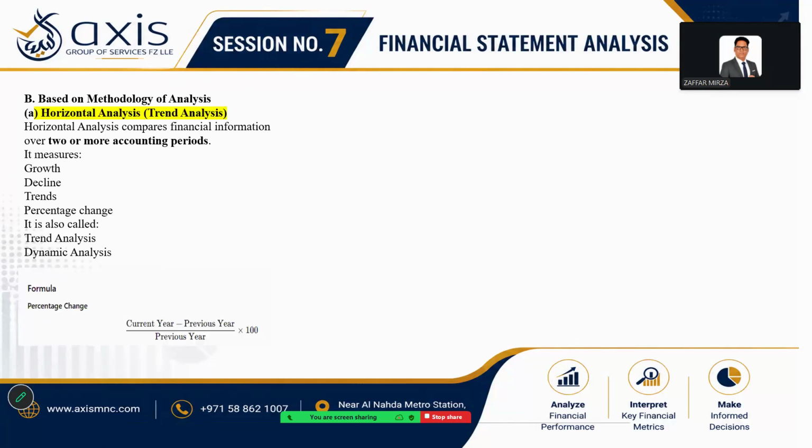The formula for trend analysis, the formula for horizontal analysis, is percentage change: current year minus previous year, divided by previous year, multiplied by 100. What is the formula to find out the trend analysis? Trend means change. What is the percentage of change?